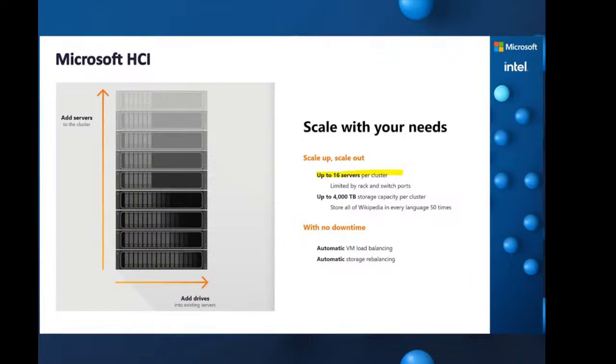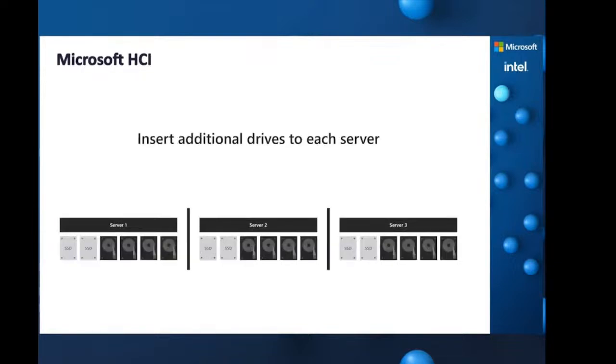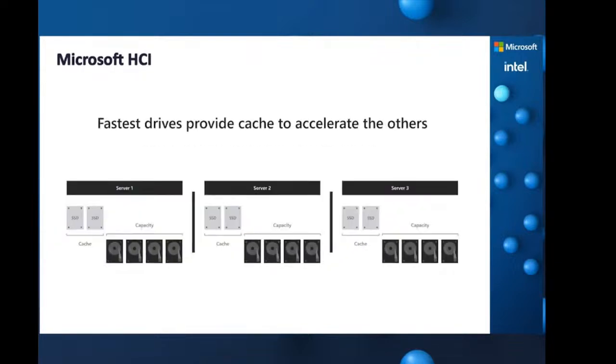And in the Microsoft HCI stack, we are using industry standard servers. We are using the local drives. This can be a combination of flash drives and hard disk drives. This can also be flash only. And the advantage of using this cache is that the cache increases the performance on the storage layer, because I think all of you know that flash storage is much faster than hard disk storage.